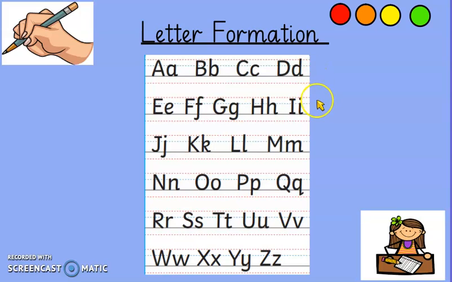So what I'd really like you to focus on is looking at your ascenders and descenders. So ascenders are letters that are tall letters that hit the top line, which go up. So these are known as ascenders. And descenders, as you'll know, is the opposite.